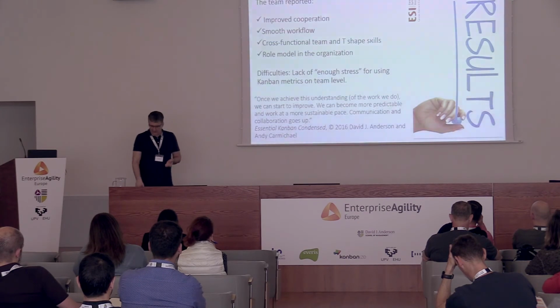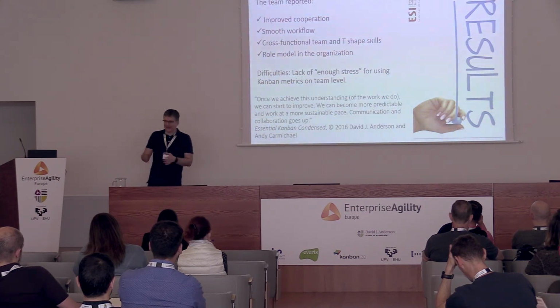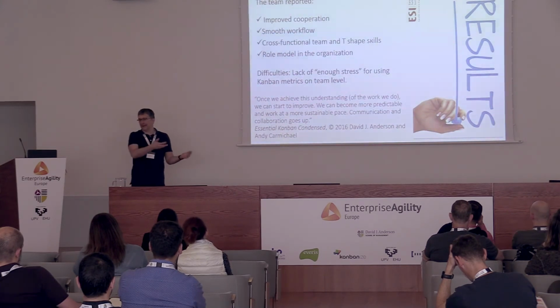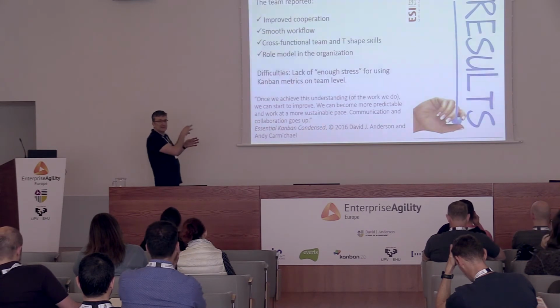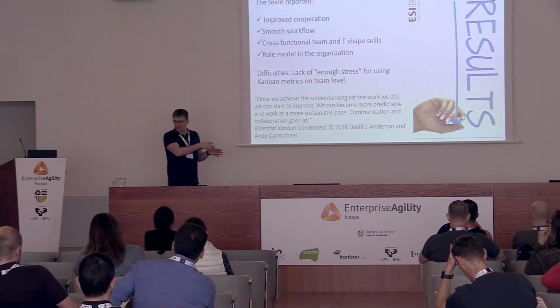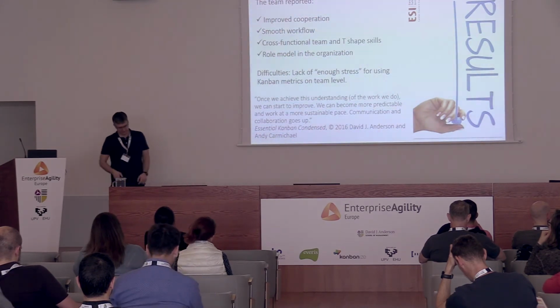It happens that some guys that were specialized in backend, now they take some front-end tasks because they see on the board that those tasks need to be done, and they really cooperate with each other. It was not an objective, but it was a very good result.